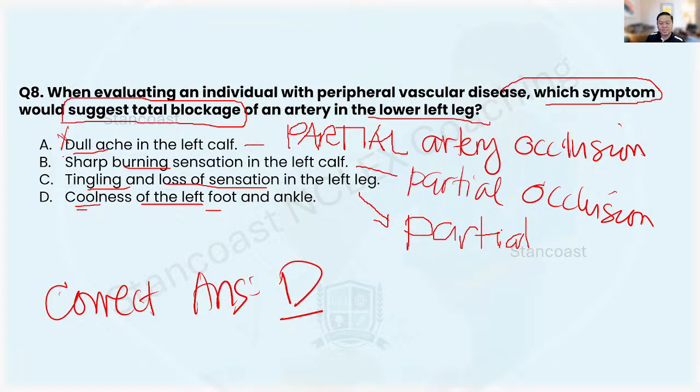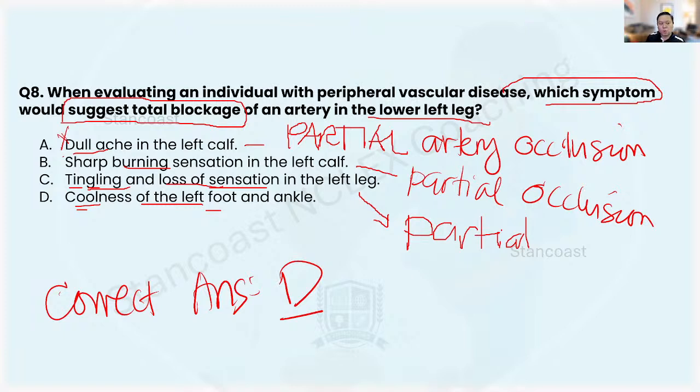All right, so make sure that you have to be careful in selecting those options with the keywords, of course. So tingling, loss of sensation. The tingling is not going to give us an idea that there is total obstruction, because the tingling itself is that nerve sensation. Okay, paleness and coolness. Yep, that's what it is.